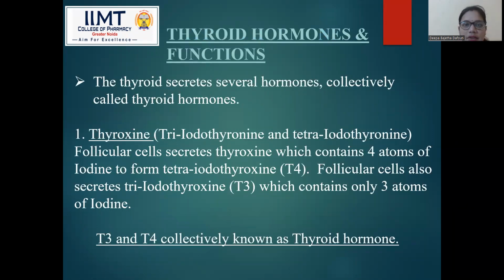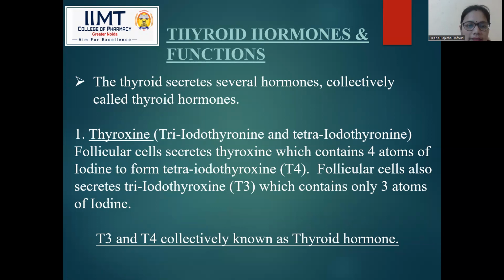So next is thyroid hormones and their functions. The thyroid secretes several hormones collectively called thyroid hormones. So first one is thyroxine, and another name of this hormone is tetraiodothyronine, that is T4.